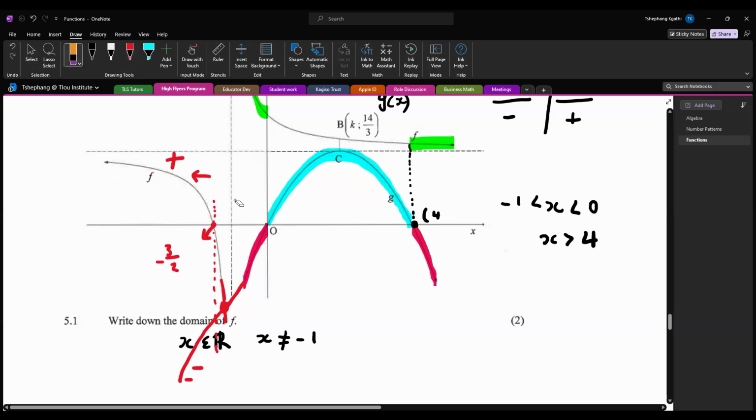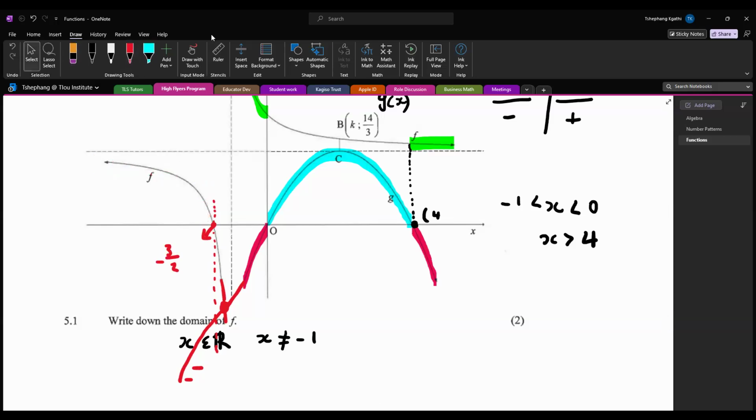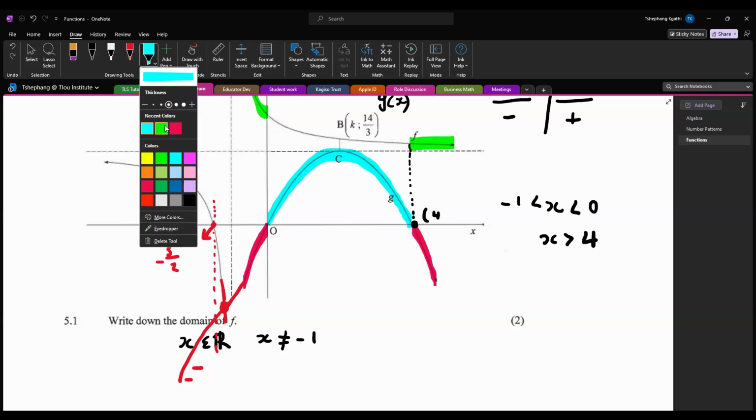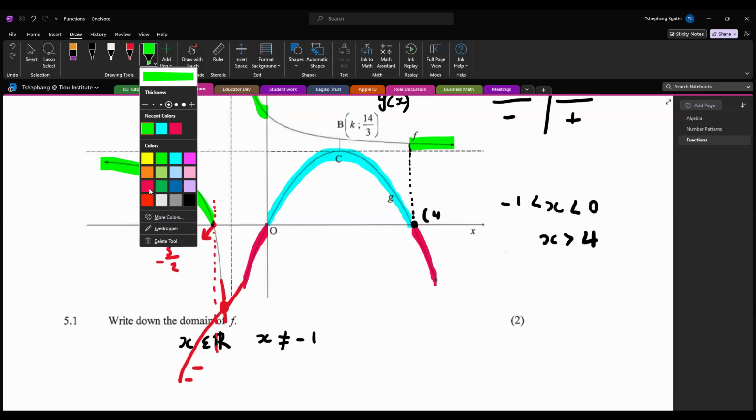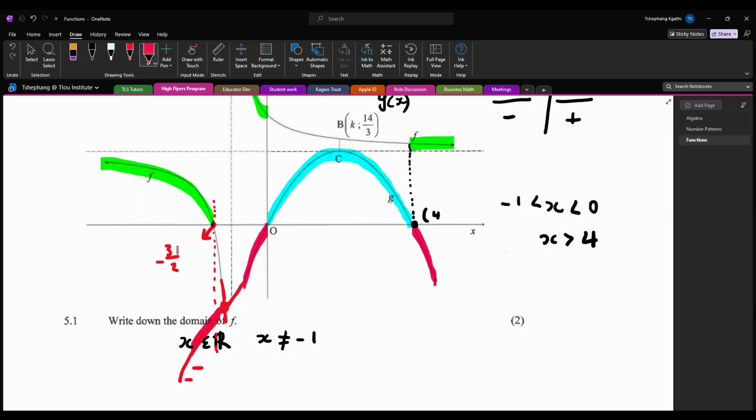I'm just going to use my highlighters there to show it. My drawing is not the best, but it's the first case where we have the green graph here. It's positive. And then I'll use red to show the other one. So this part here, that's negative.